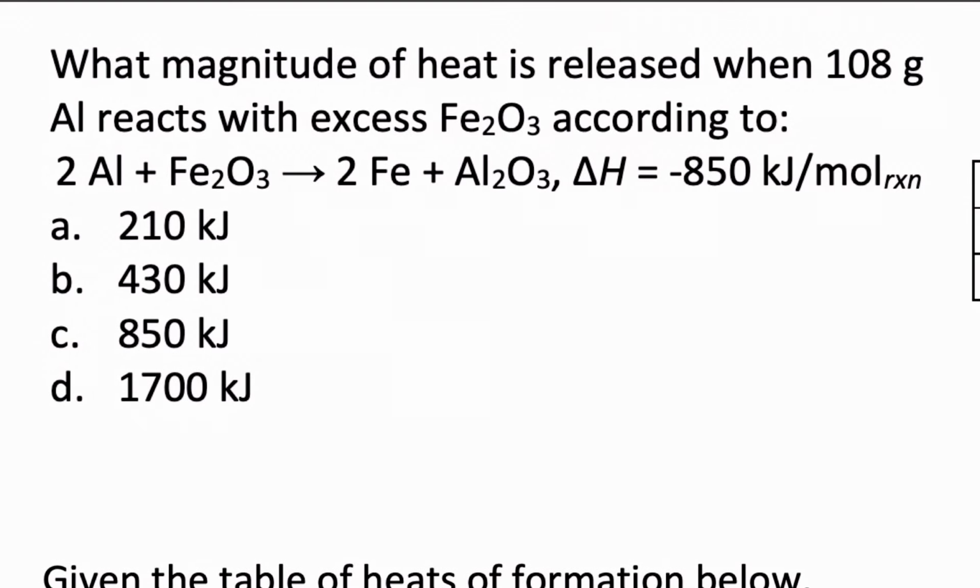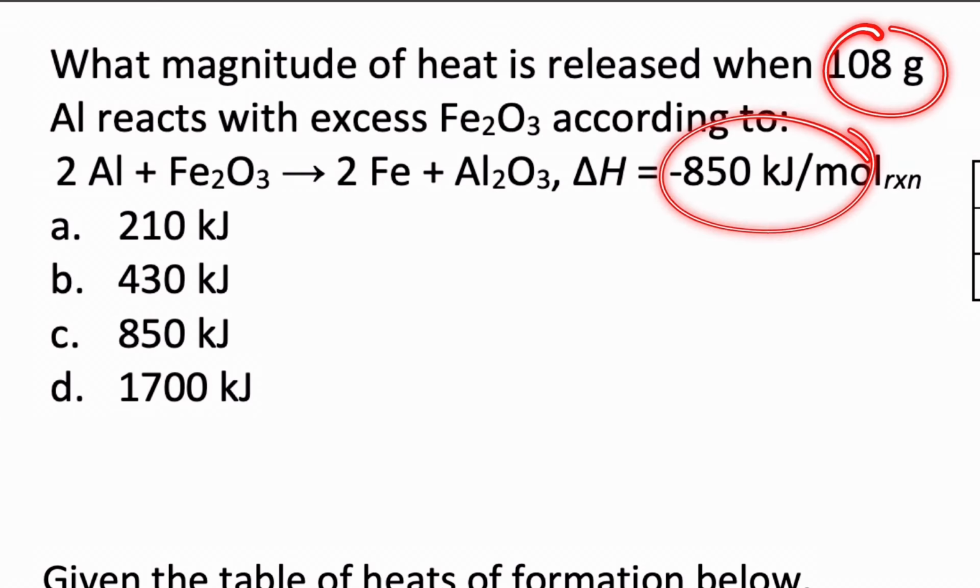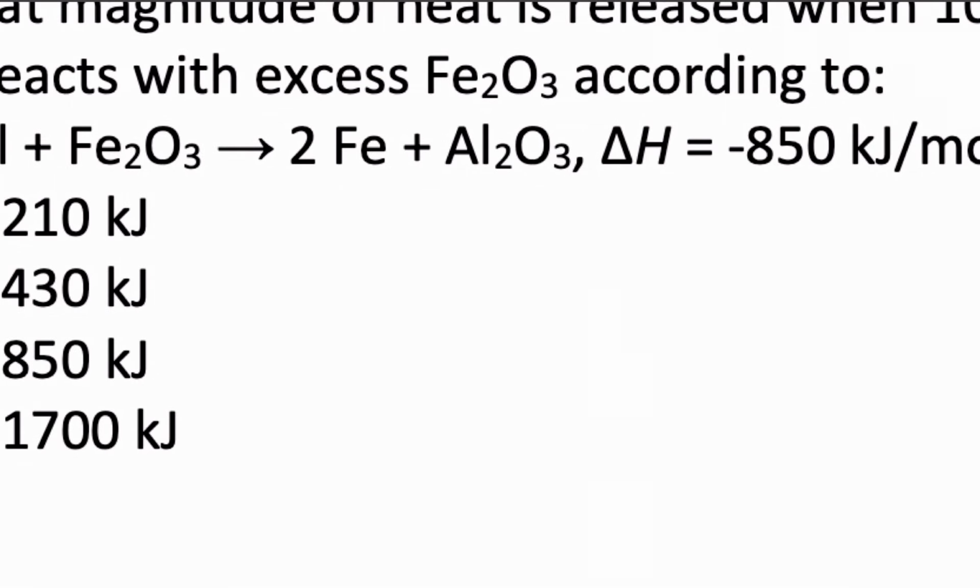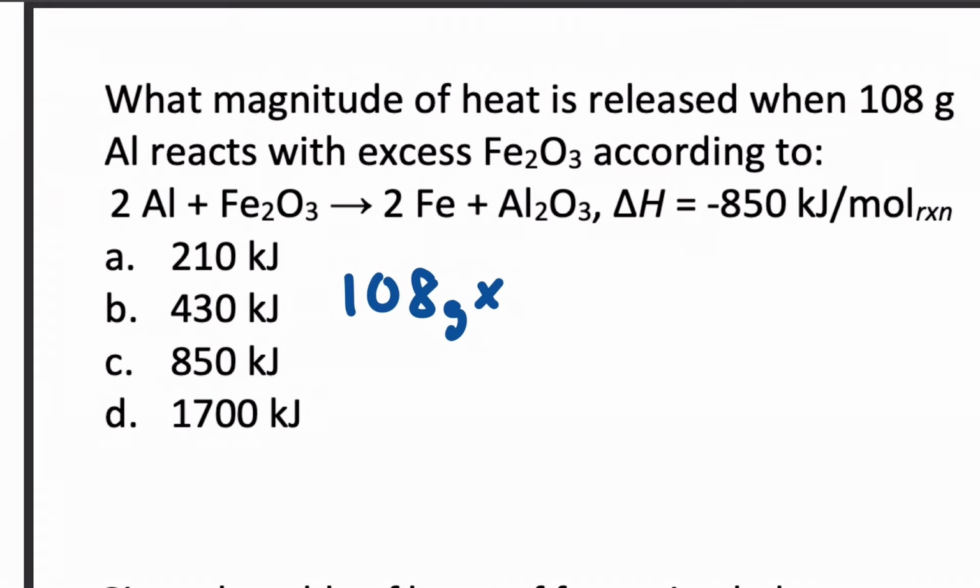So the next one says, what's the magnitude of heat released when some mass of aluminum reacts with iron oxide according to this reaction? So given a mass and a delta H and this reaction, let's get the magnitude of heat. So we have 108 grams times, this is aluminum.